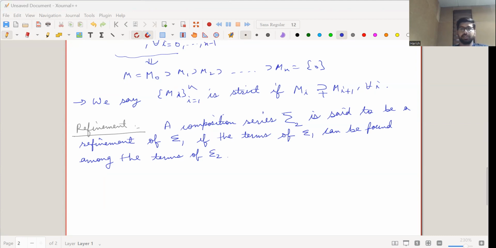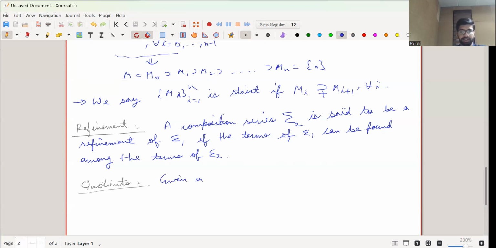So for example, the first one is what is called the quotients of a composition series.